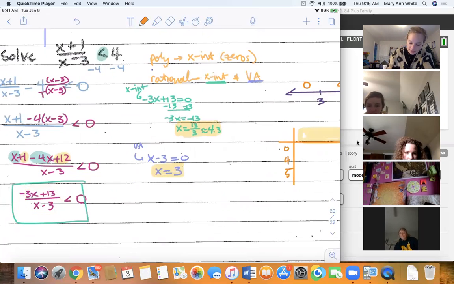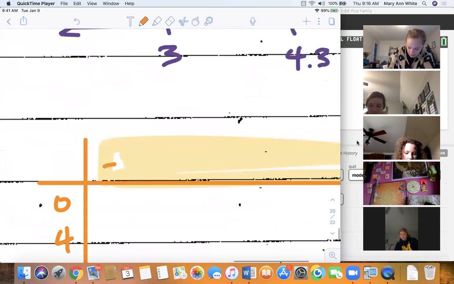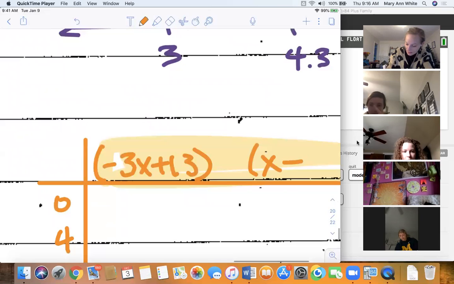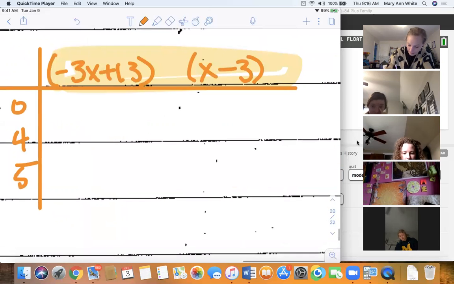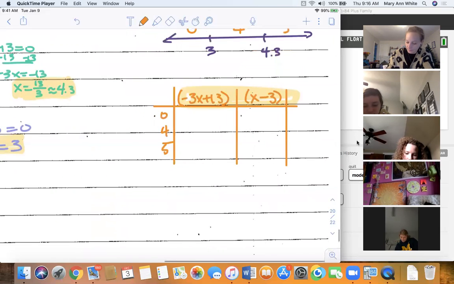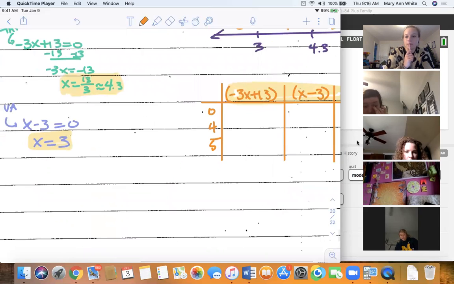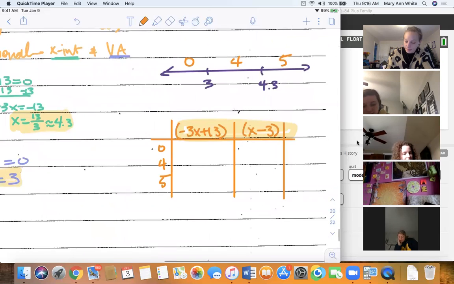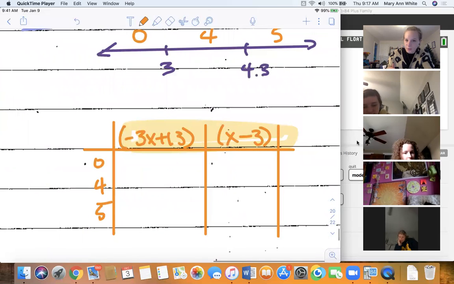So I've got a column that's going to say negative 3x plus 13. And then I'm going to have one that says x minus 3. And then the last one will be all of it together.